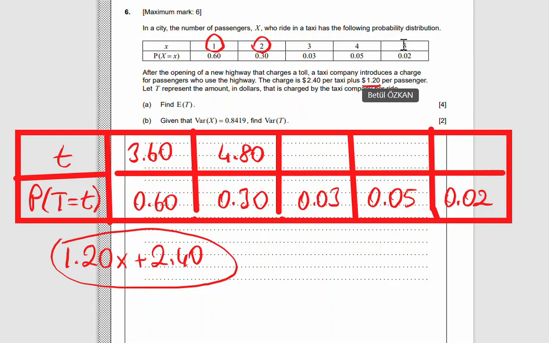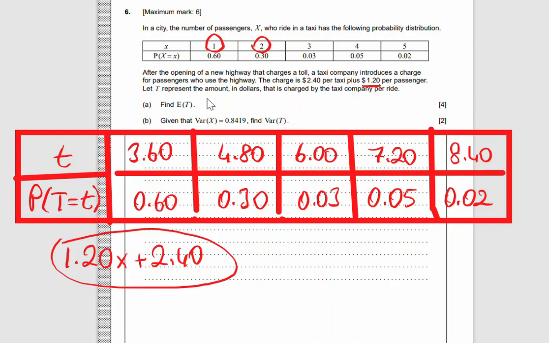We will get 6.00, then 7.20, then 8.40. After we get this table, I already know their total value and I already know the probability. I just multiply the probability distribution using the expected value formula.